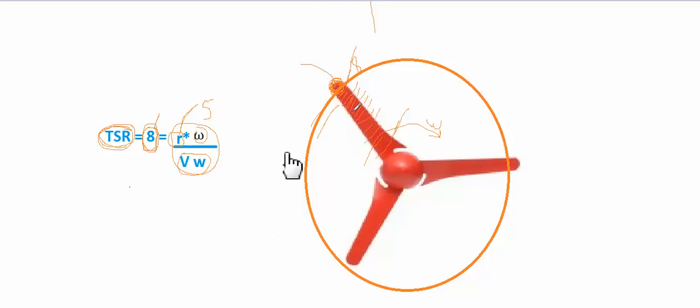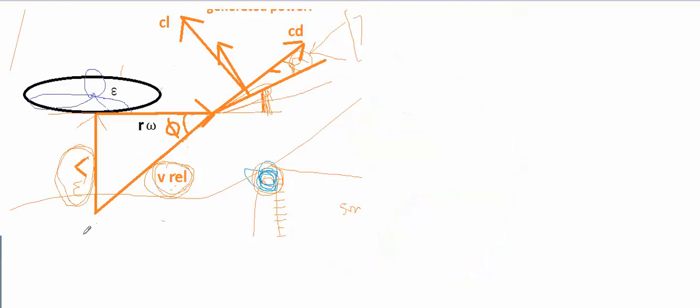All the elements are experiencing the same wind velocity. We are speaking about wind velocity, we are not speaking about relative velocity. The velocity of wind is equal, right? So this is constant for all the elements.